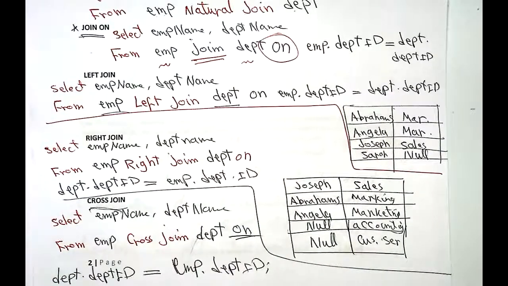Okay, and the output will be just matching each record on the left table and all the records on the right table.